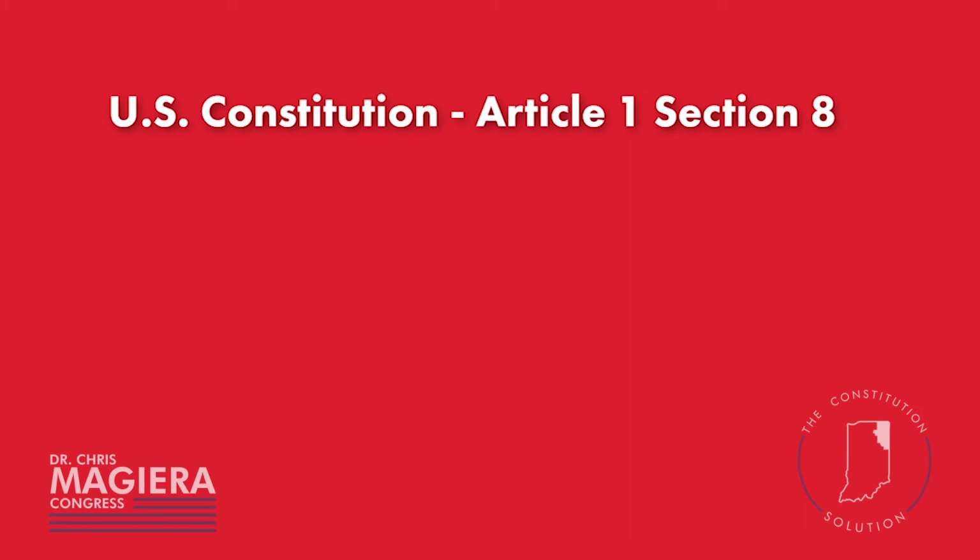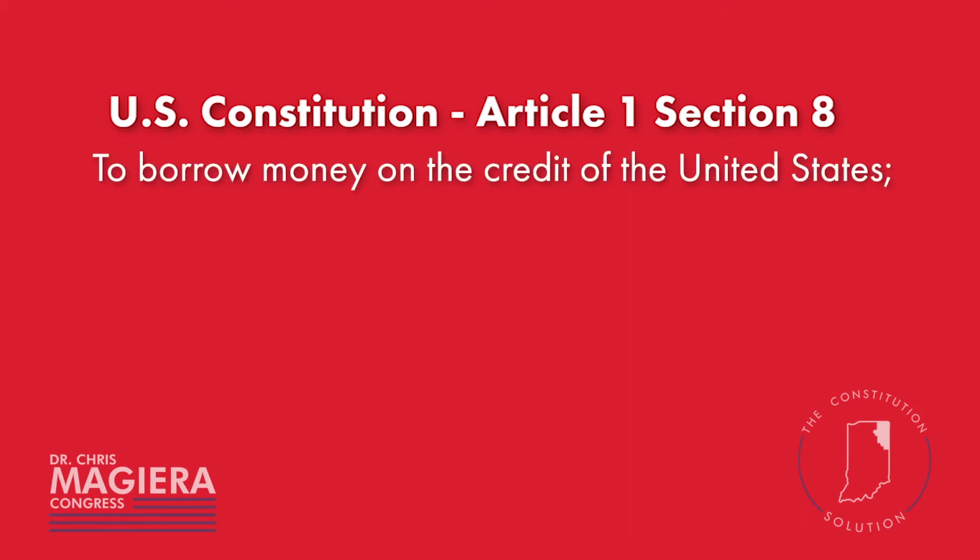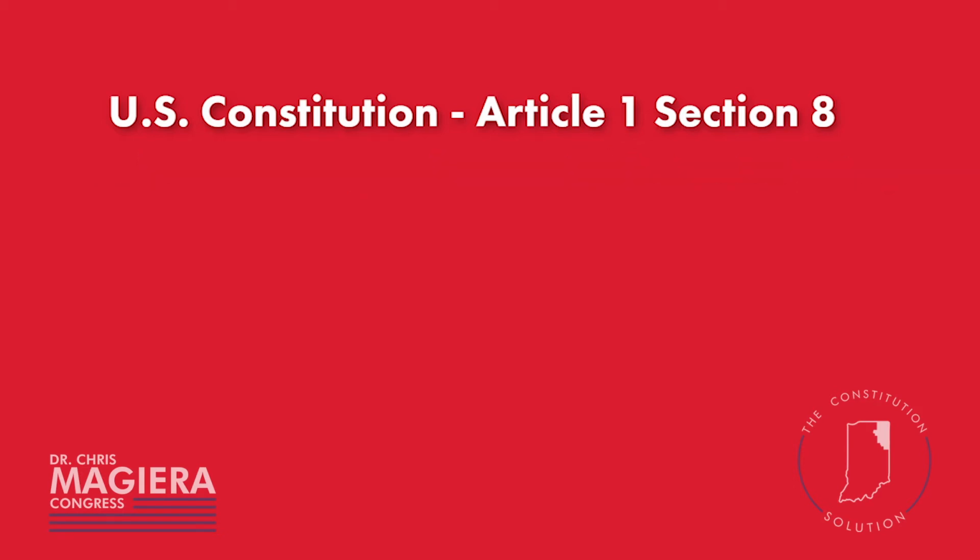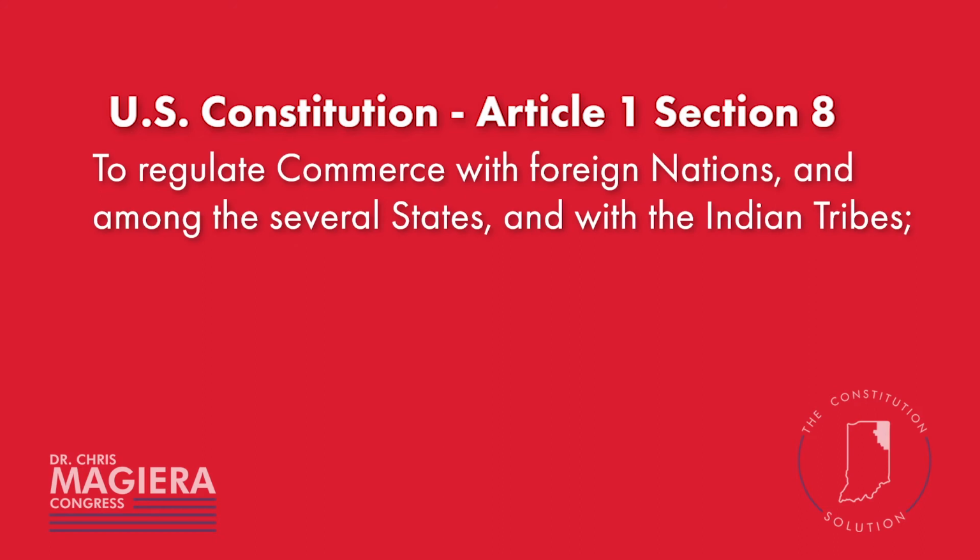The second power of Congress, to borrow money on the credit of the United States. Number 3, to regulate commerce with foreign nations and among the several states and with the Indian tribes. This is the so-called Commerce Clause.